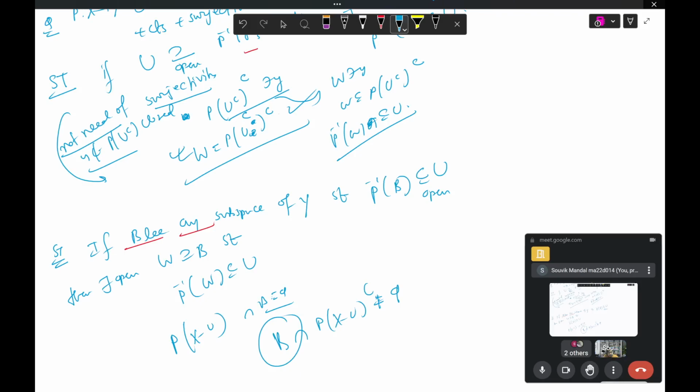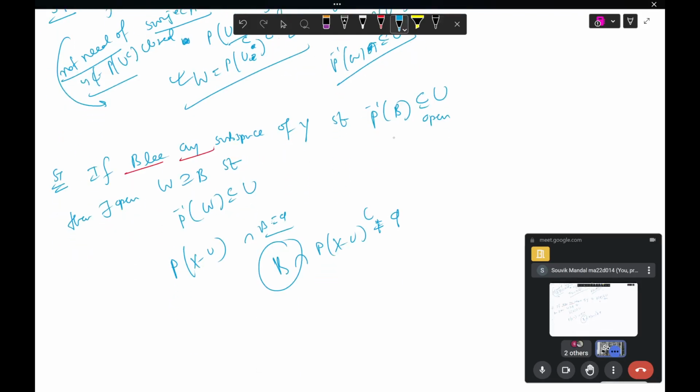So if we take, for each y belonging to B, there exists W_y containing y such that P inverse W_y is a subset of U, right?